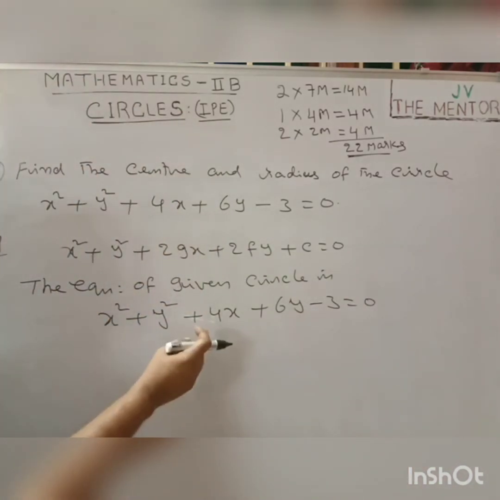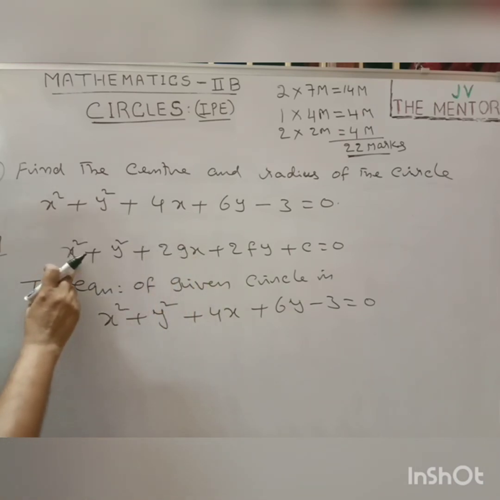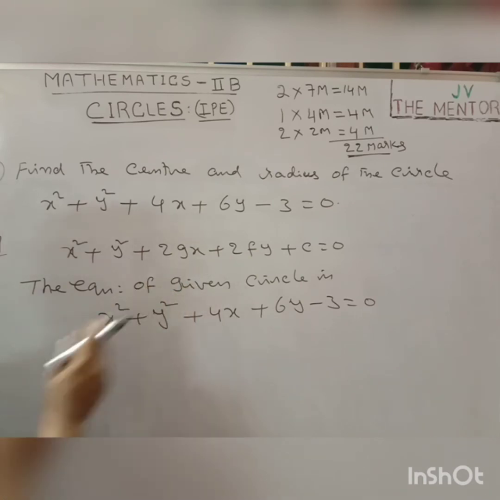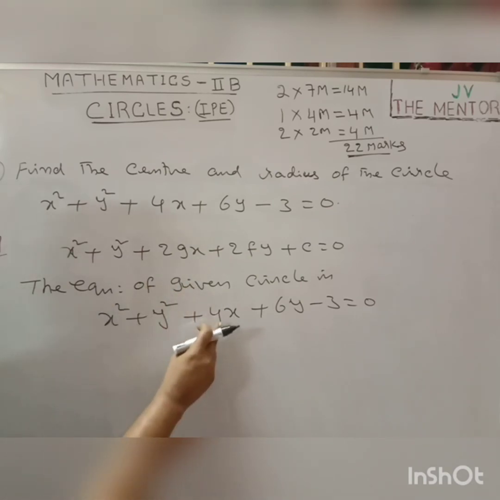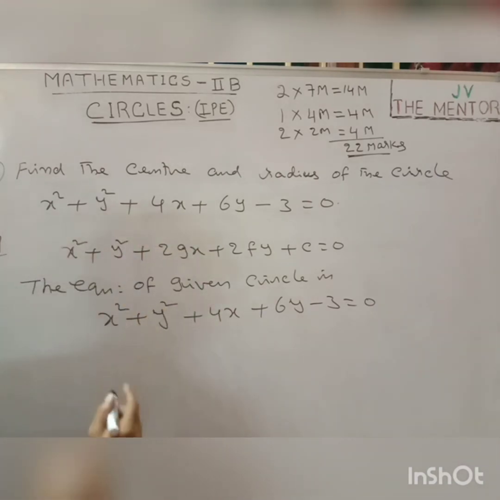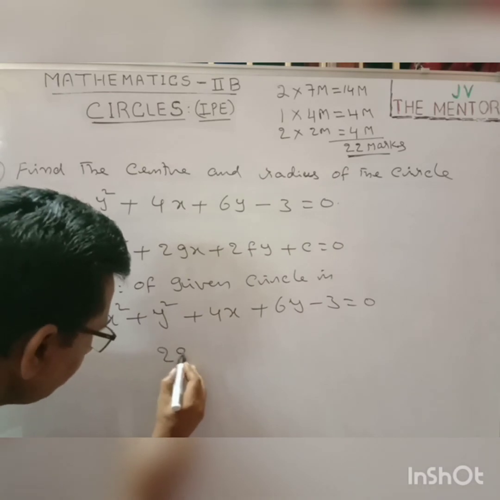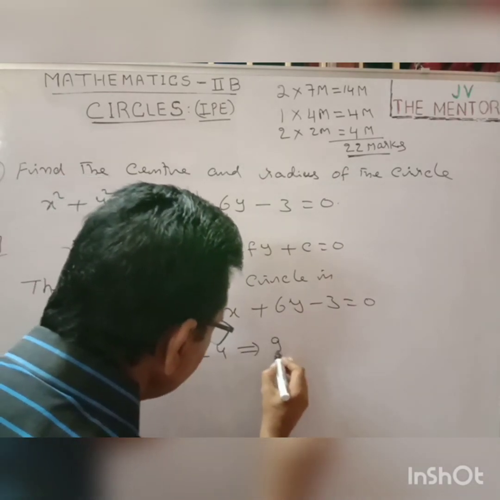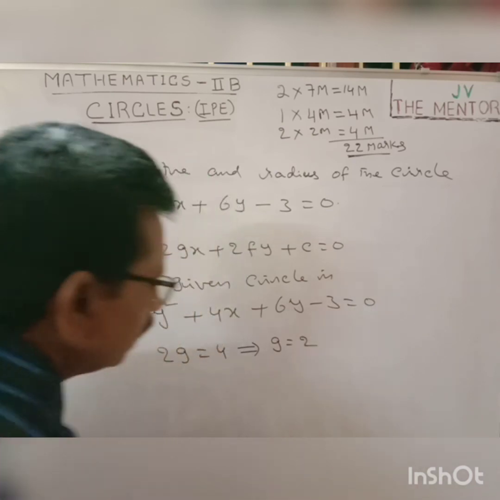The x square coefficient is 1, here also 1, and the y square coefficient is 1. The coefficient of x here is 4, and in the general form it is 2g. So 2g equal to 4, that implies g equal to 4 by 2, that is 2.